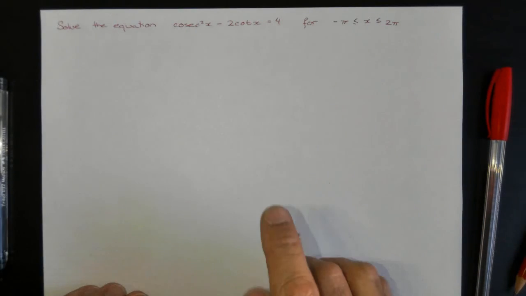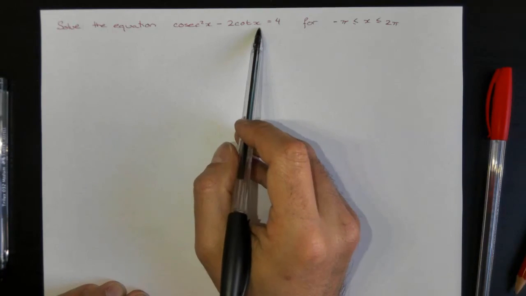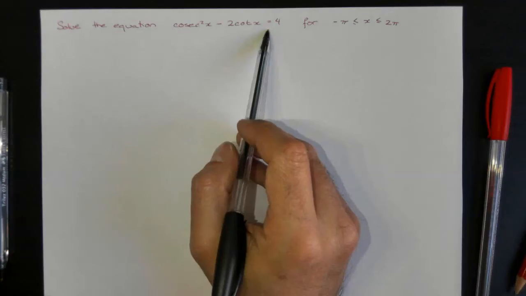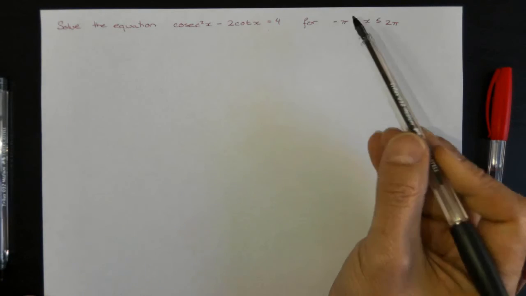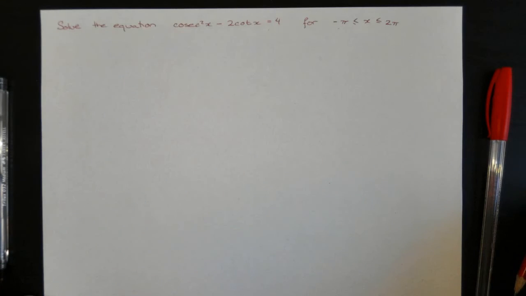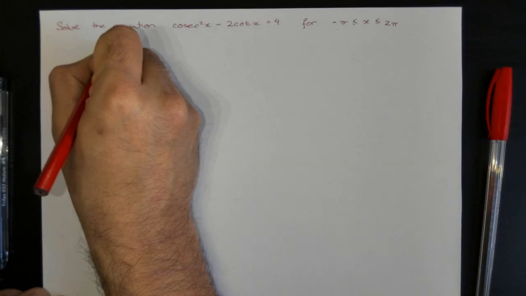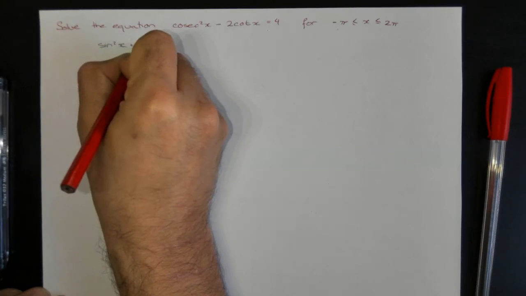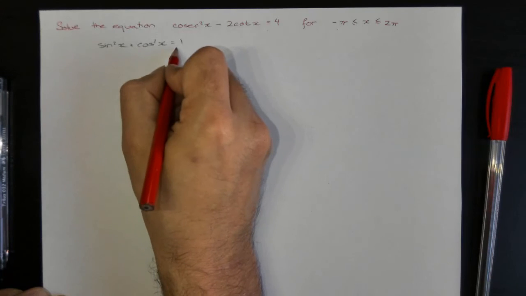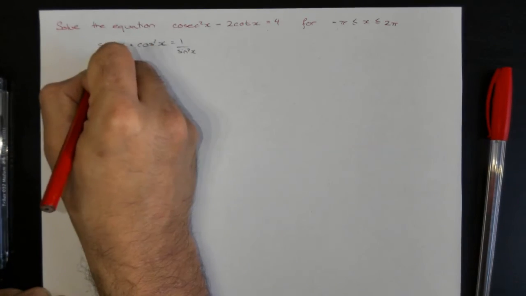All right, last example, we want to solve the equation cosec squared x minus 2 cot x equals 4. Once again, I'm going to go from negative pi this time to 2 pi. So if we had sine squared x plus cos squared x equals 1, I want a cosec, so I'm going to divide everything by sine squared x.